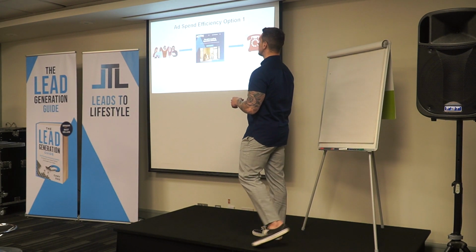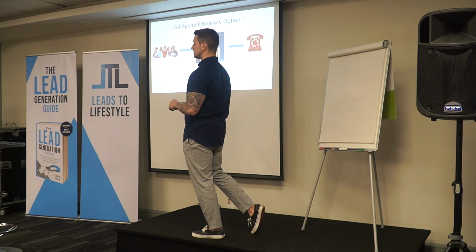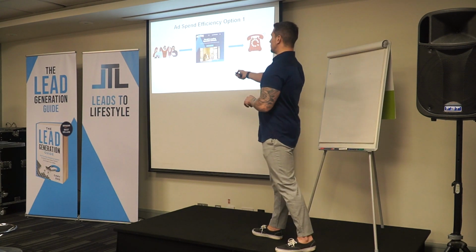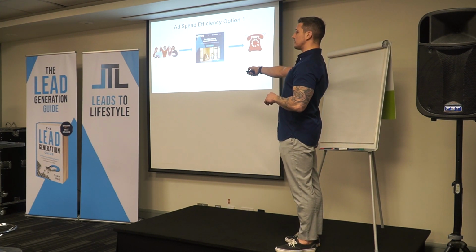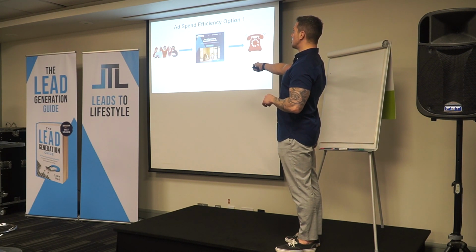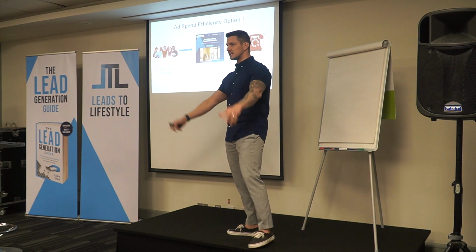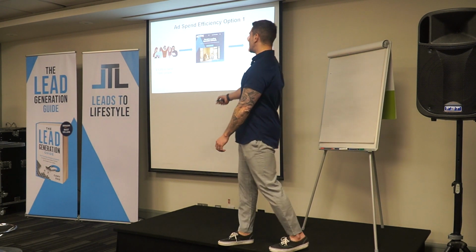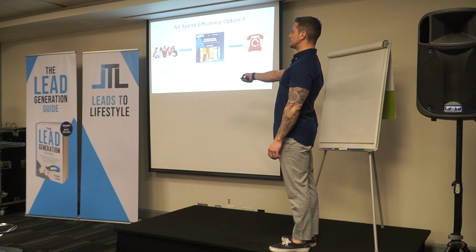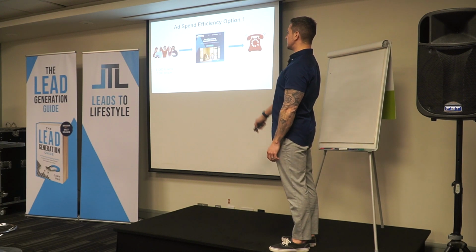So this is where effectively we're looking at ad spend efficiency, and this is the example. We have our audience over here on the left-hand side. We're driving people to our website with our book a call button, and we're hoping that they're going to go through to book a call. So when we look at £1,000 spend every single month, the figures meaning nothing at this point, if we get 1,000 people come to our page, that's 1,000 people that are visiting this.